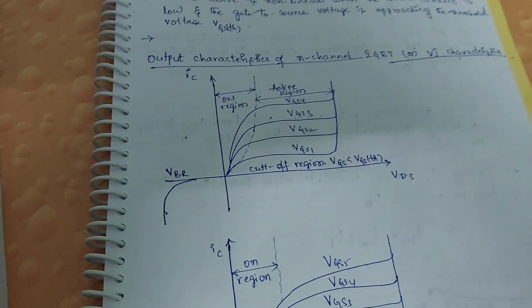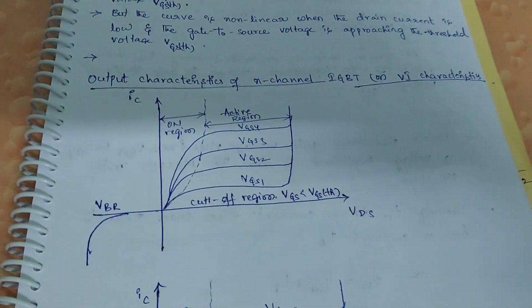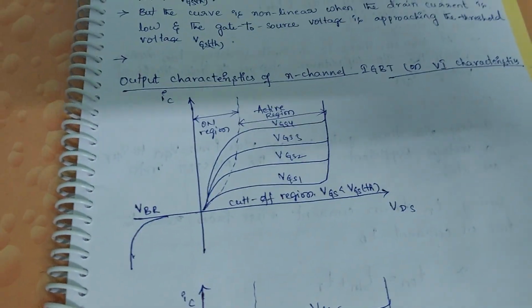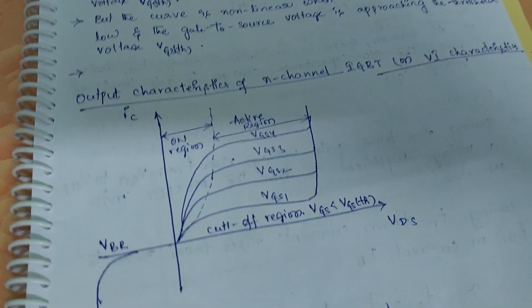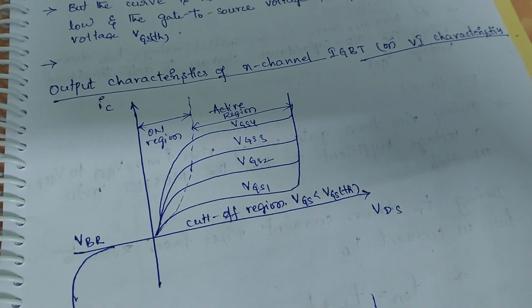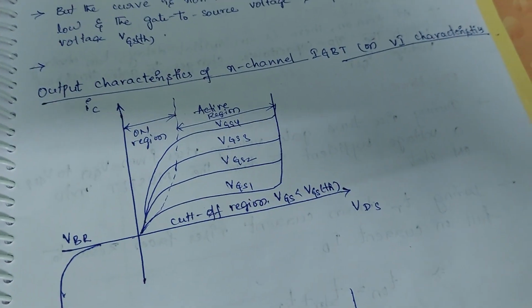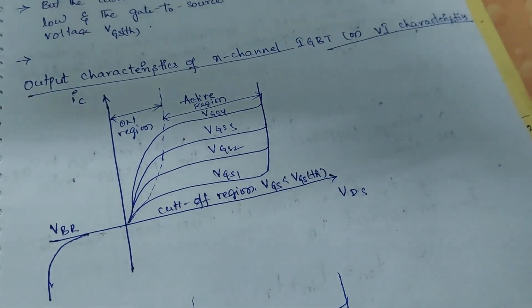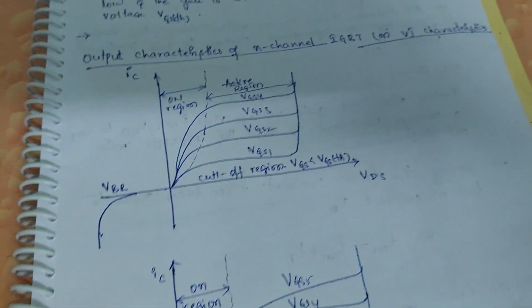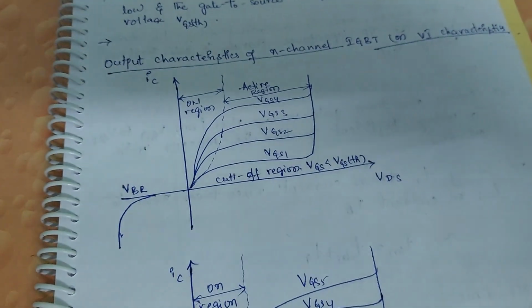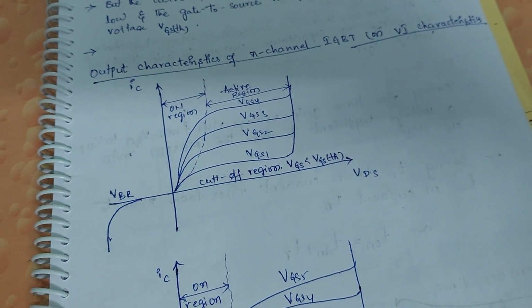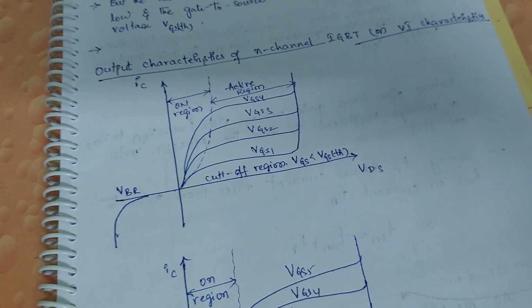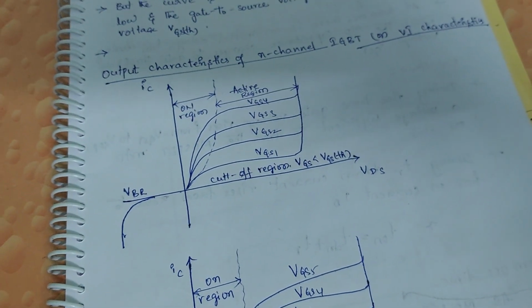Similar to the characteristics we considered for the MOSFET, similar output characteristics are observed here, but actually these are the same as a BJT. So BJT-like characteristics are observed here. These are the output characteristics of the N channel element.